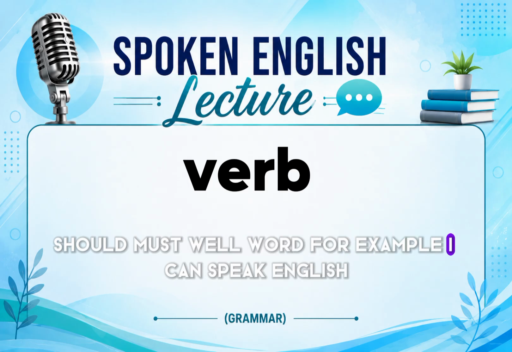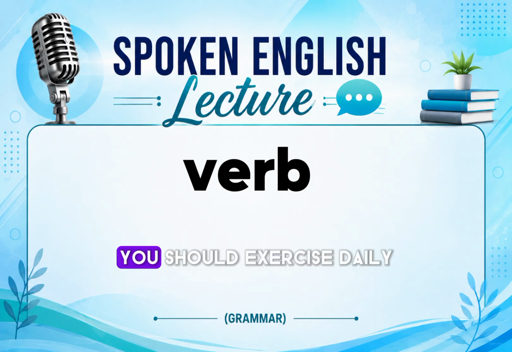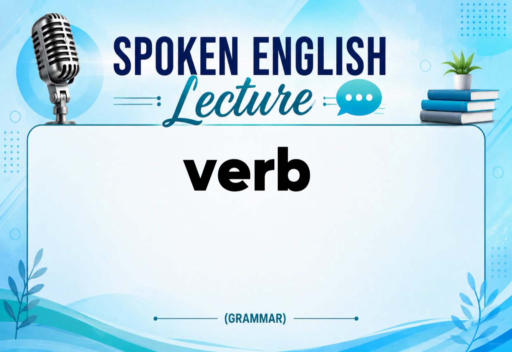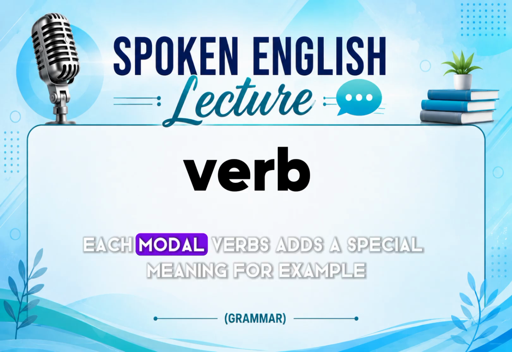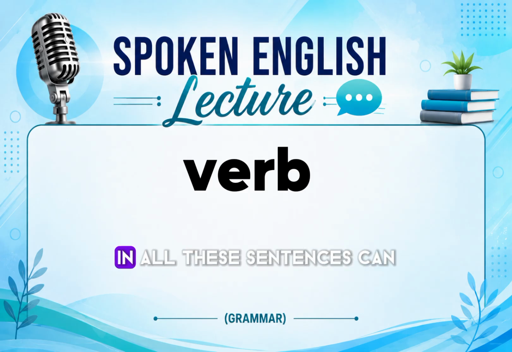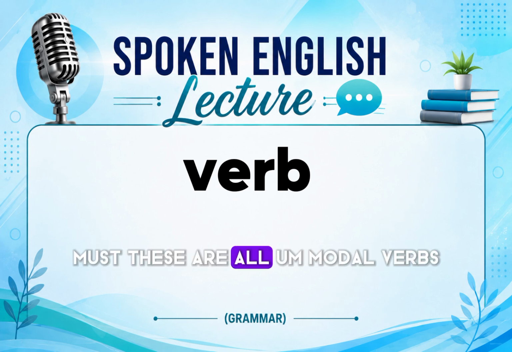For example, I can speak English. You should exercise daily. They may come tomorrow. We must respect our parents. Each modal verb adds a special meaning. In all these sentences, can, should, may, must, these are all modal verbs.